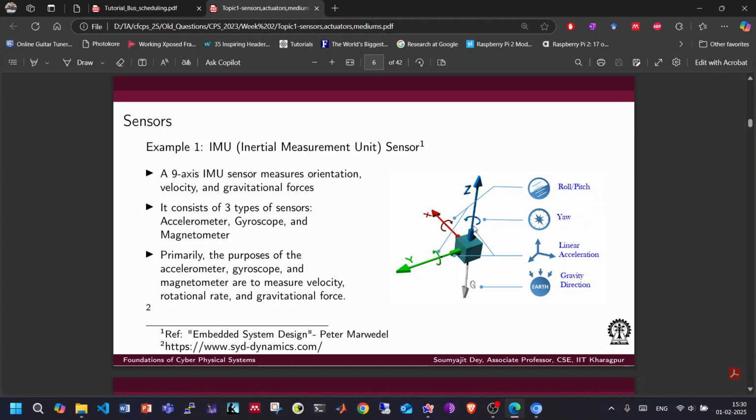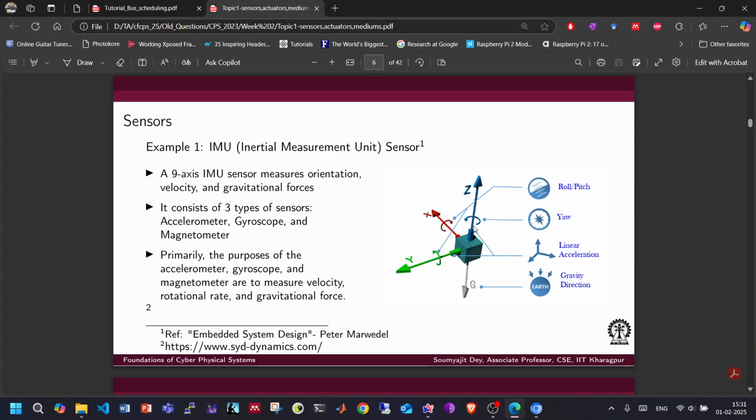Do you remember? It is using that inertial property of a mass. Using that, what can we measure? First, the linear acceleration using accelerometers. Second, the angular accelerations or angular velocities using gyroscope sensors. We'll come to the magnetometer later.